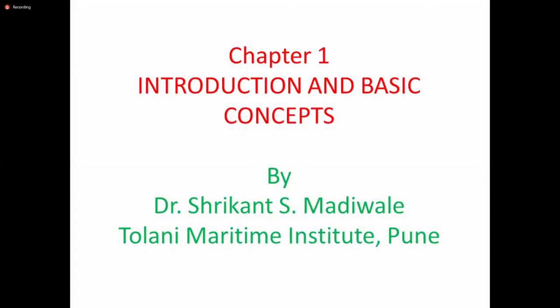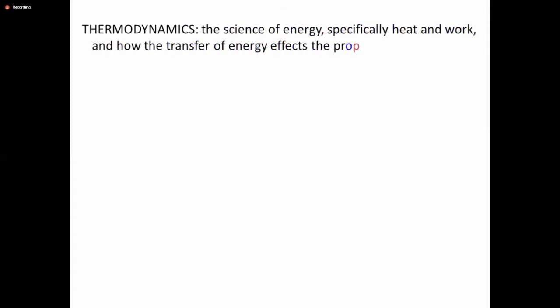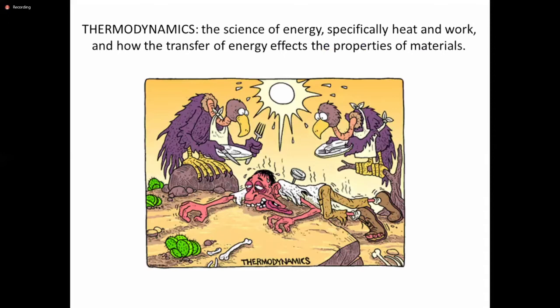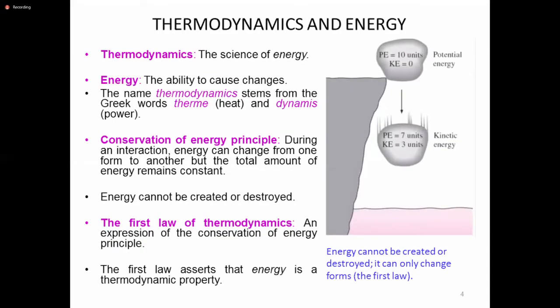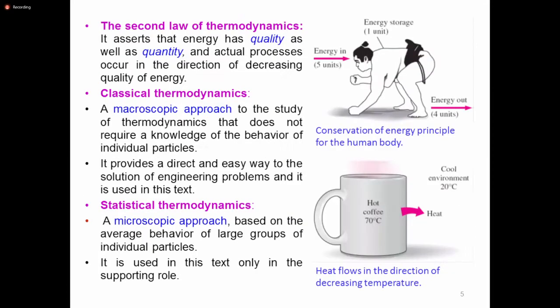So in the last lecture, we learned a few basic concepts of basic thermodynamics. We talked about what exactly thermodynamics means. Then we tried to understand the law of conservation of energy, also called the first law of thermodynamics. Then we talked about the second law of thermodynamics.